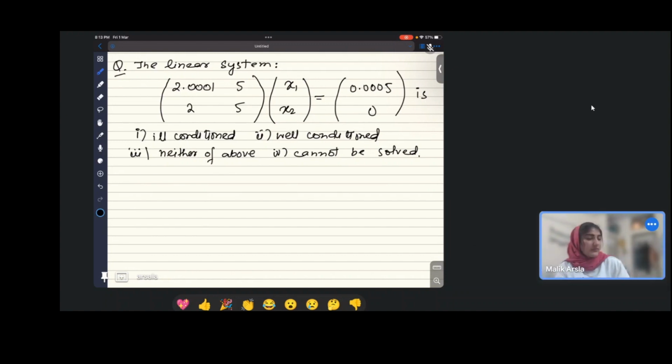So, do you know how to find the norm of a matrix? Anyone?